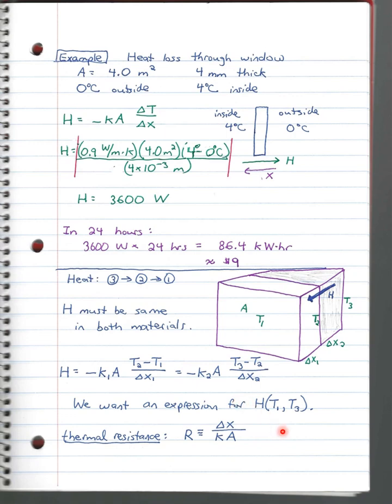And we want an expression for rate of heat flow as a function of T1 and T3, and we really don't care what T2 is. That's just an intermediate step. Well, to make the algebra easier, it's going to be useful to introduce a new concept called thermal resistance. R equals delta X over Ka.